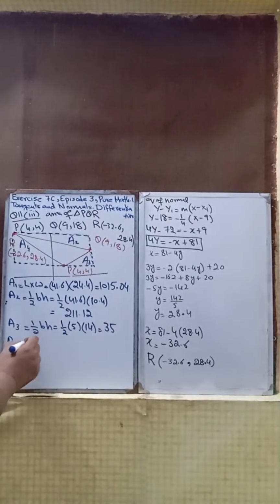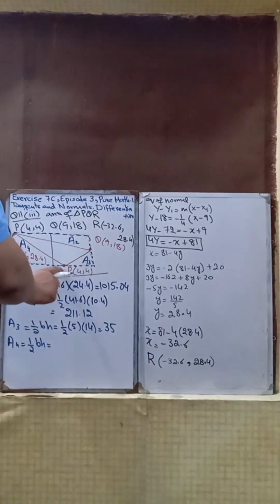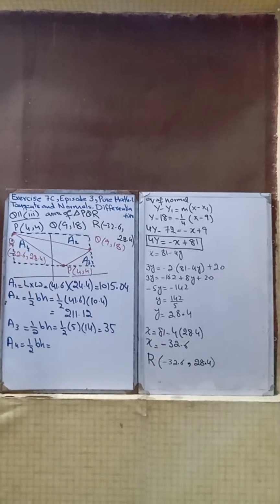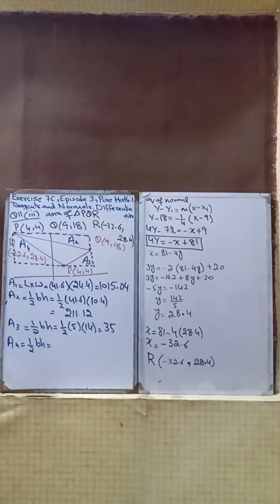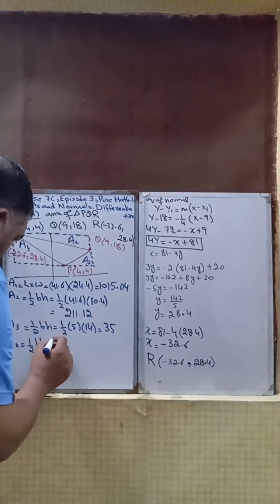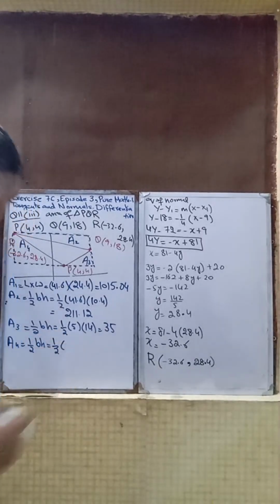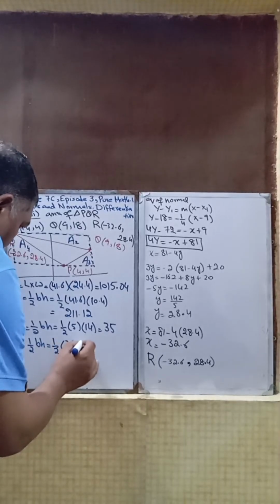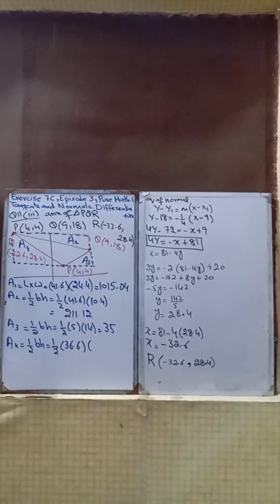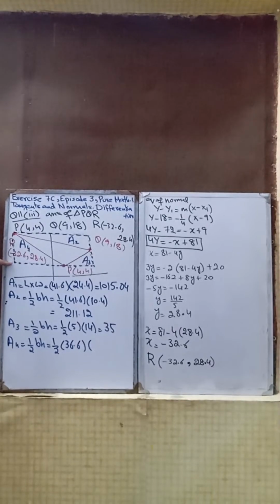This right angle triangle. The formula is still the same, 1 by 2 into base into height. And its x is 4, and its other x is -32.6. So what's the difference between them? That's 36.6. So it will be 1 by 2 into 36.6. And the height of this thing is, the y here is 4, and here the y is 28.4.